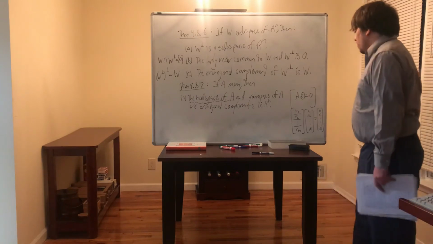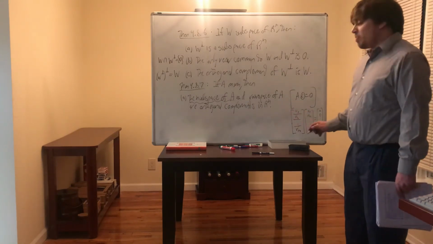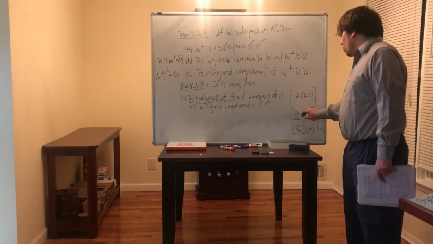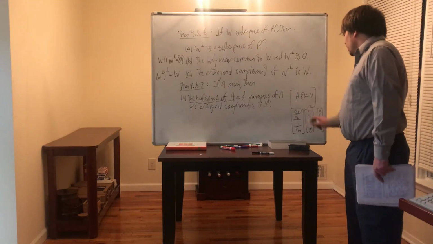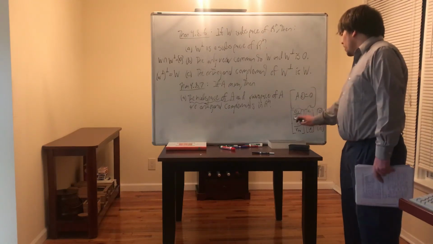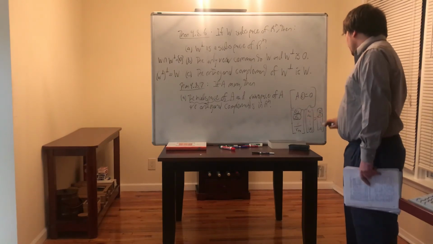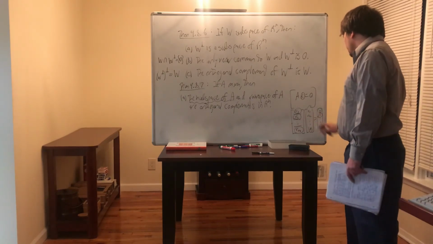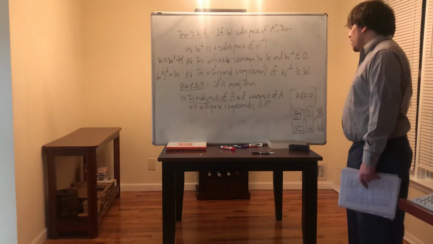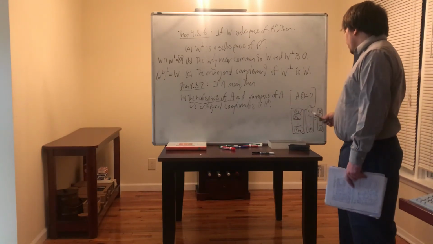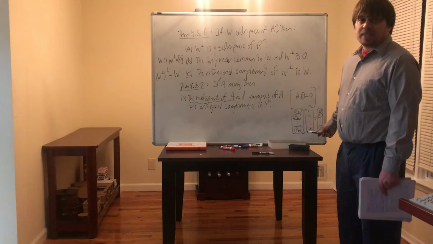So if you multiply the first row R1 by all these x's, you're going to get 0. If you multiply the second row of A by this, you get 0. If you multiply the third row by this, you get 0. If you multiply the mth row of A by this, you get 0. That means all the rows of A are orthogonal to any solution to Ax equals 0.